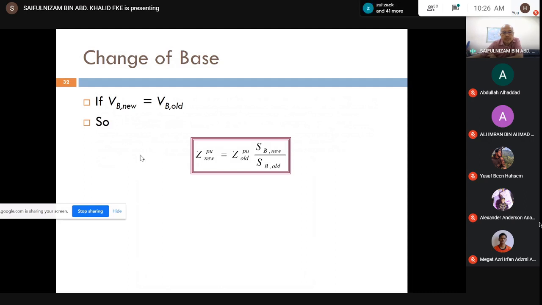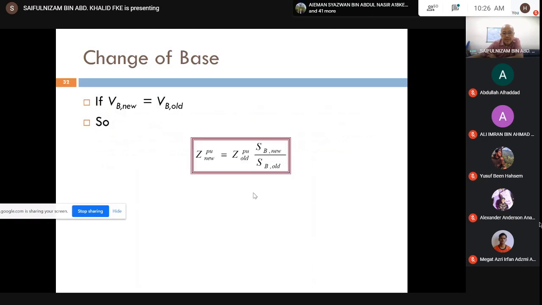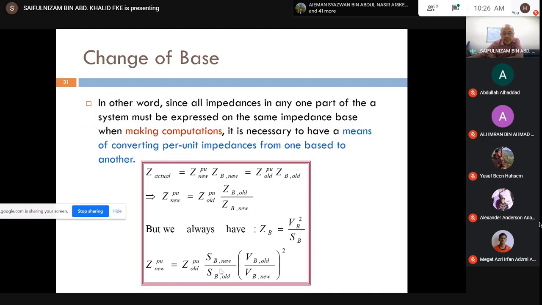In case of the VB new equal to the VB old, you can see from the expression, in case these base values are similar, you can cancel out. So it becomes Z PU old times SB new divided by SB old. And this part becomes 1, right? If both the numerator and denominator are similar, it becomes 1.